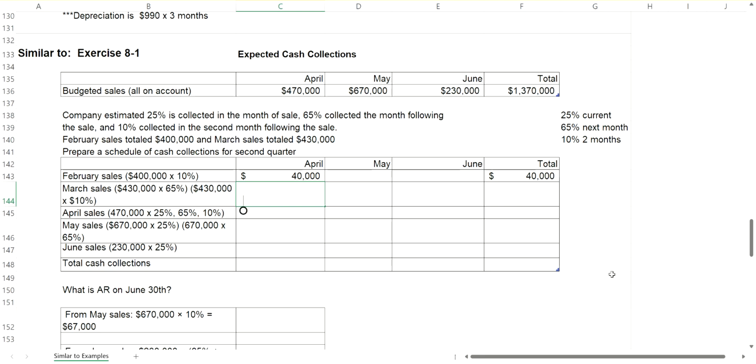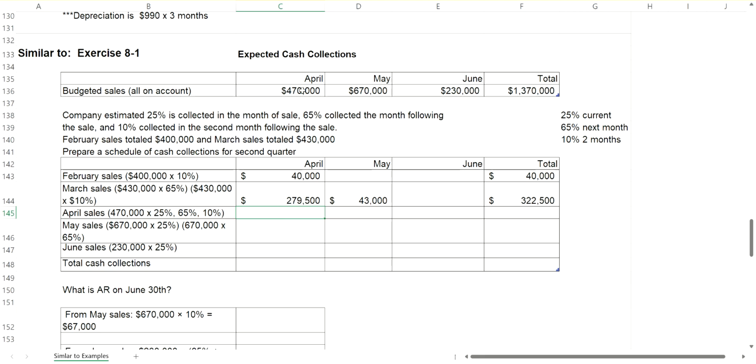So I will take 430,000 times 65%. And then 2 months later is May. 10% is collected 2 months later. So again, March's sales of 430, 10% is collected 2 months later in May. So that would be 43,000. Okay, and then I'll add that up.